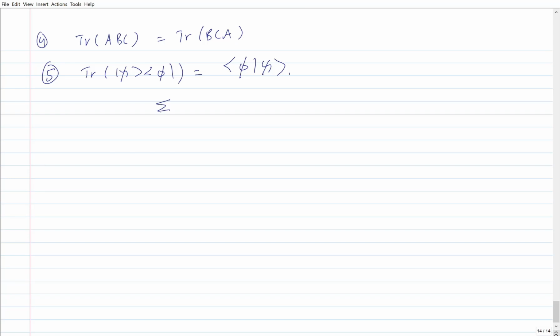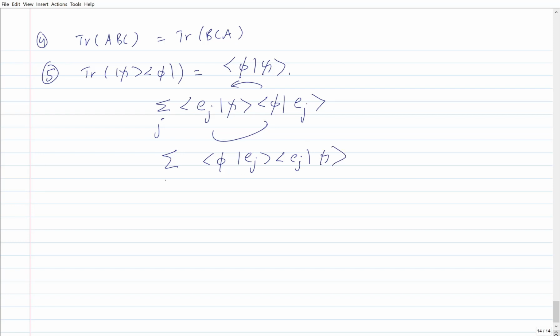Well, again, I put an identity, or I express it in terms of some sort of a basis, evaluating this trace with respect to some basis. I just change them. That's going to give me, notice this is just the identity.